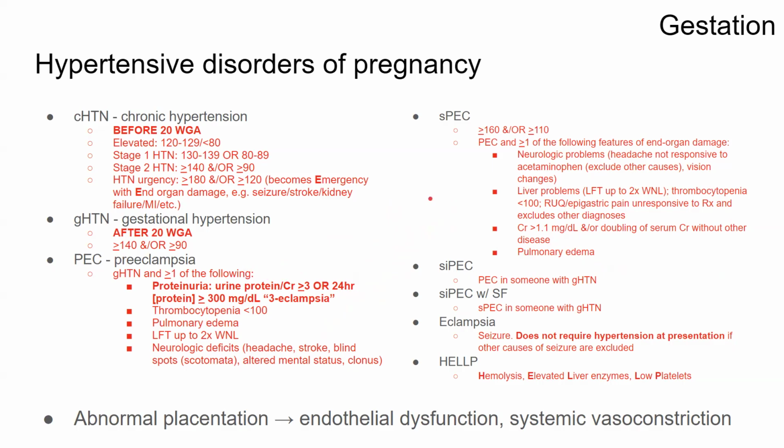The way that I approach this kind of stuff is if they have gestational hypertension and they have this proteinuria and that's it, then I'm more likely to think that this is preeclampsia. But really, once they start showing this end organ damage stuff, like we saw in the vignette, that's what leads me down the road of picking severe preeclampsia.